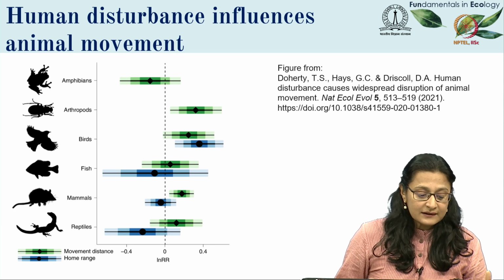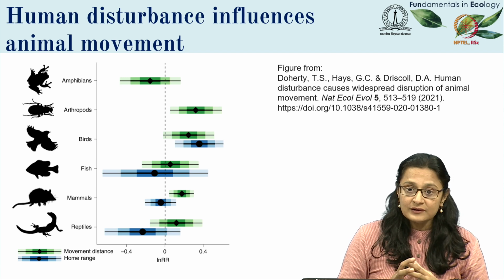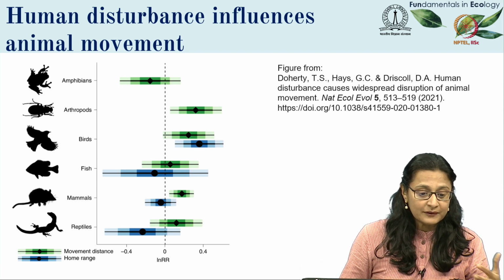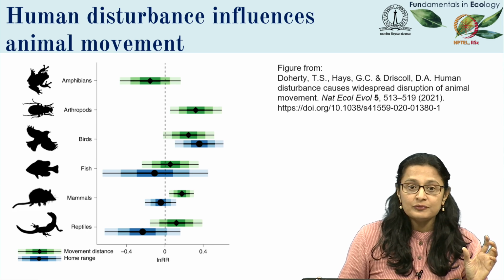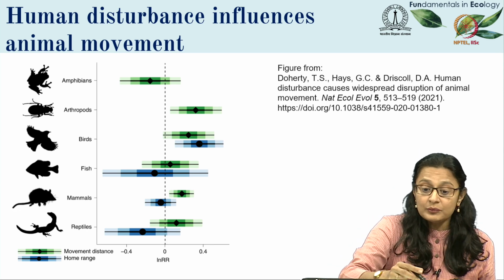And they see that how far an animal moves changes as a function of whether or not there's a human disturbance. So for example, amphibians reduce their movement distance in the presence of human disturbance.